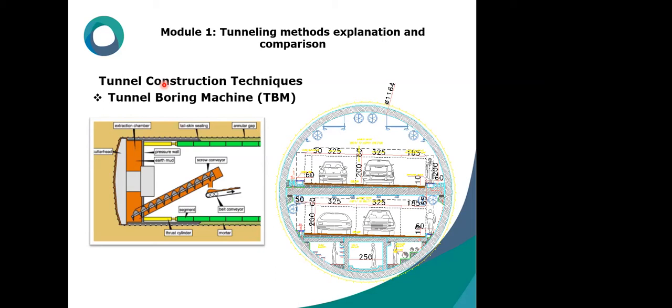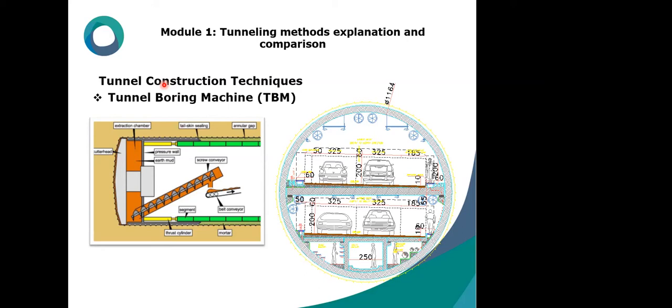It means that when we are dealing with several tunnel traffic sections, for example, a two-lane or three-lane route, or a combination and connection of two different underground routes, TBM doesn't prove to be the best solution. TBM is categorized in different ways.